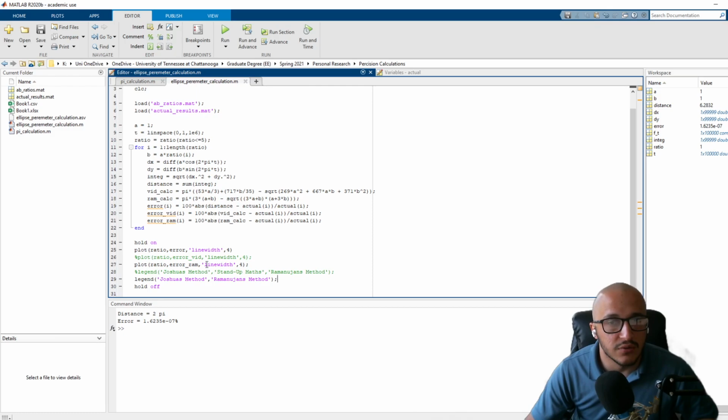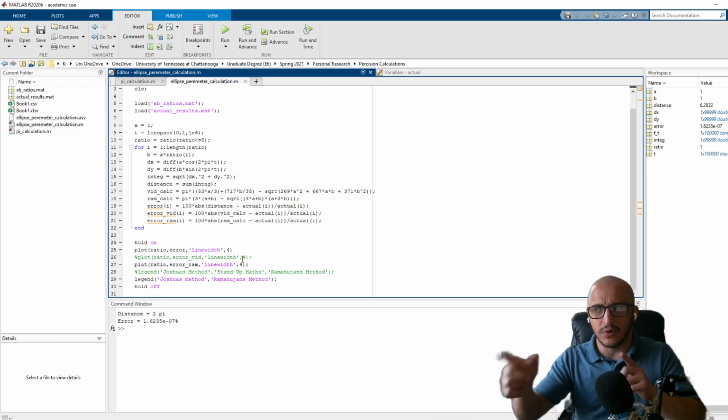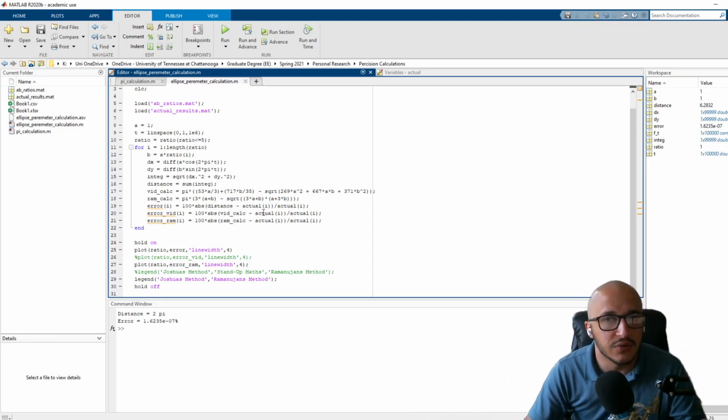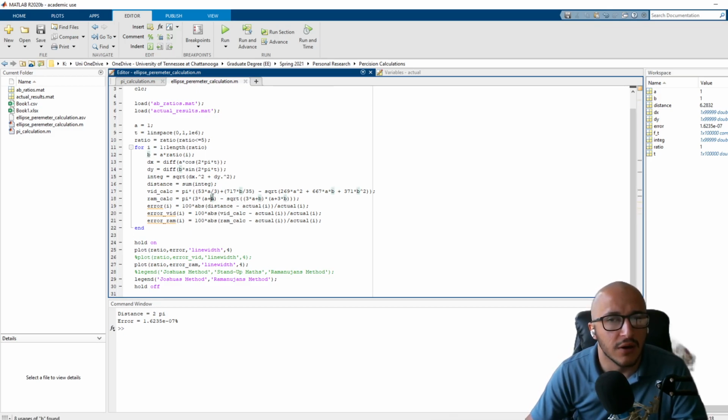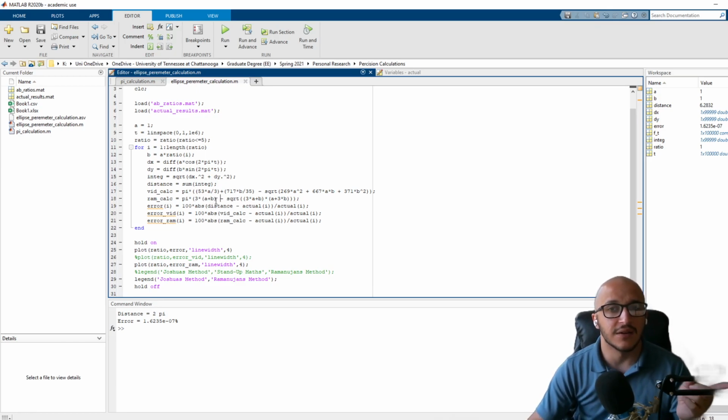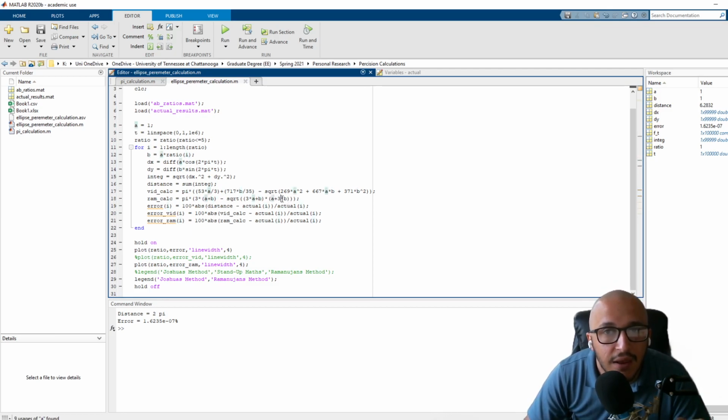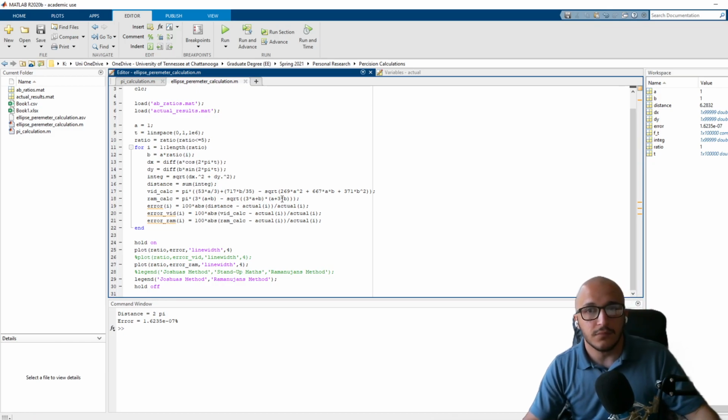So now I want to compare mine with Ramanujan's method, which was shown in the Stand Up Maths video. I'll probably link to it in the description for this video. Ramanujan's calculation is pi times 3 times a plus b minus the square root of 3 times a minus b times a plus 3b.